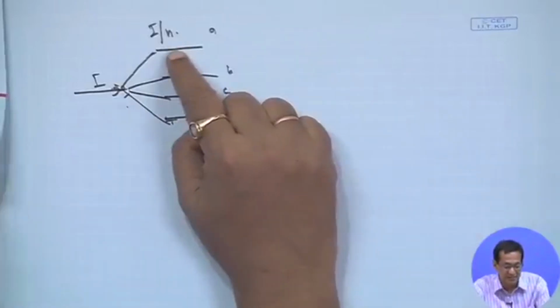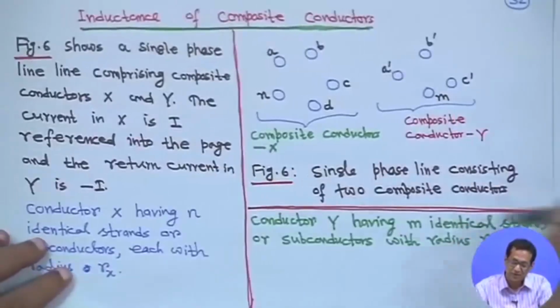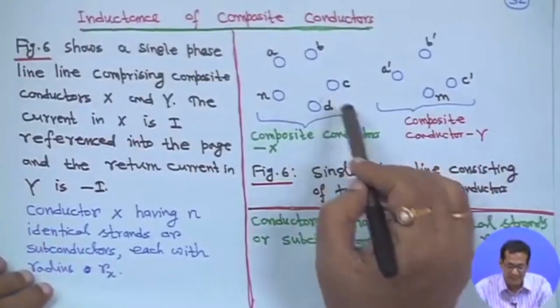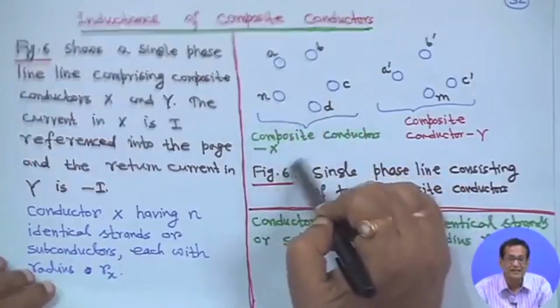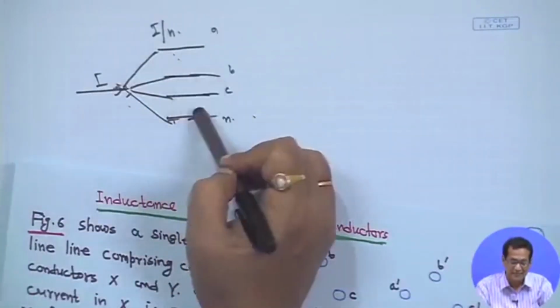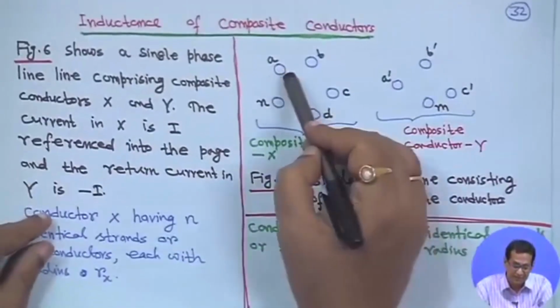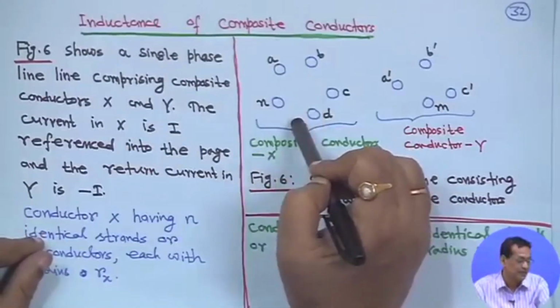In that group you have n conductors, so the total current I is divided equally in each conductor. Therefore, each conductor carries I by N current.